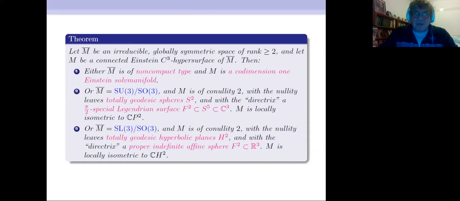We have SU3/SO3, or we have SL3/SO3. The two cases are similar, they are parallel, and let me start with treating them simultaneously, and then we will separately look at each of them, concrete constructions in case number 2 and in case number 3.